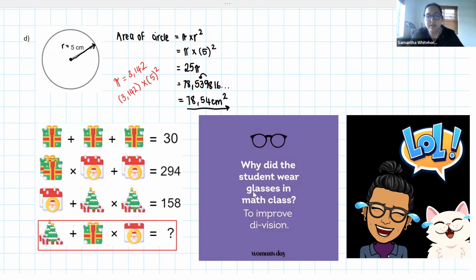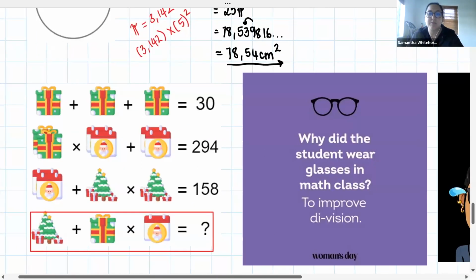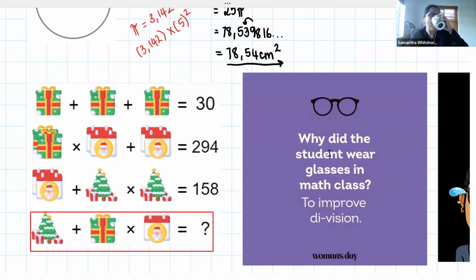Okay, so we're looking for the last answer. I'm just going to zoom in a bit, especially so that you can see where there's doubles. I'm a little worried that I have made a mistake somewhere.